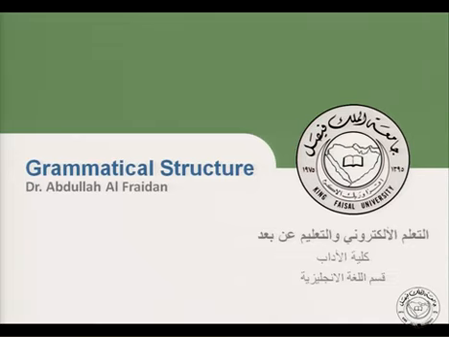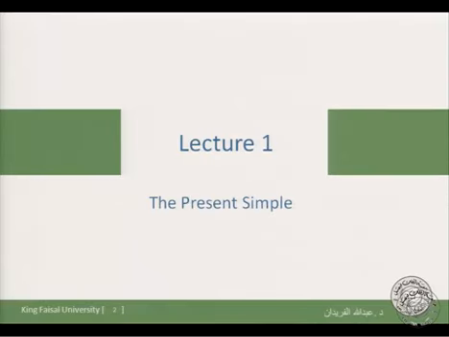So today we are going to study, I think you have studied this before, but let us revise what you have studied, and then I'm going to explain to you what you have missed from the courses that you studied before. We have today the present simple.